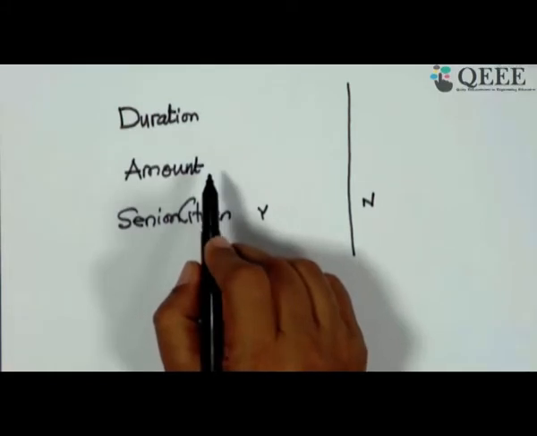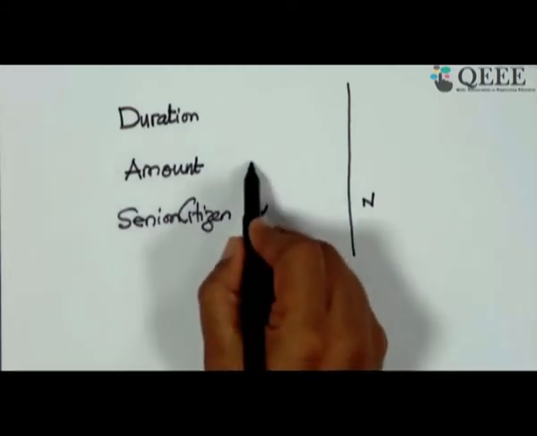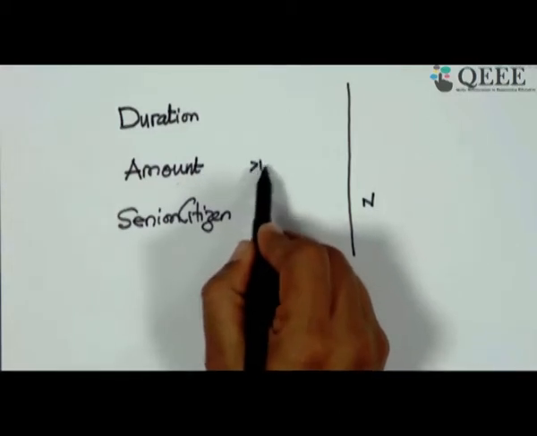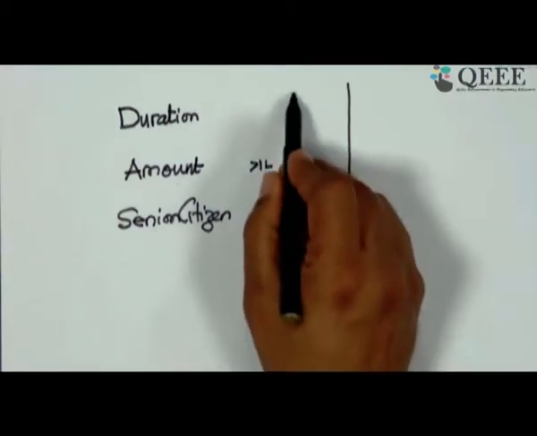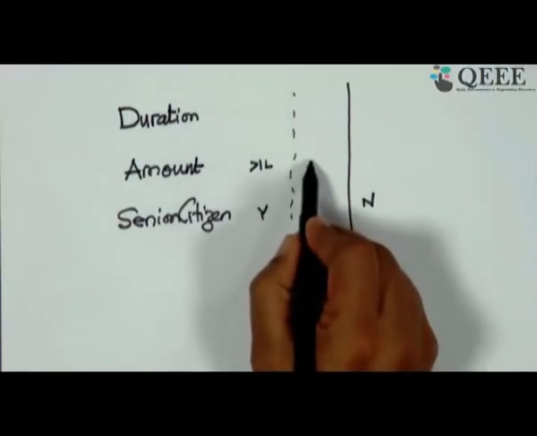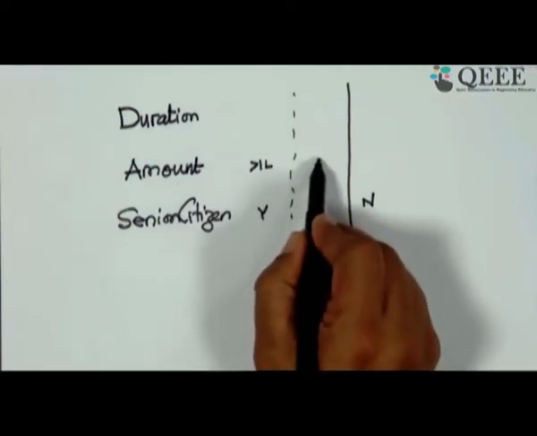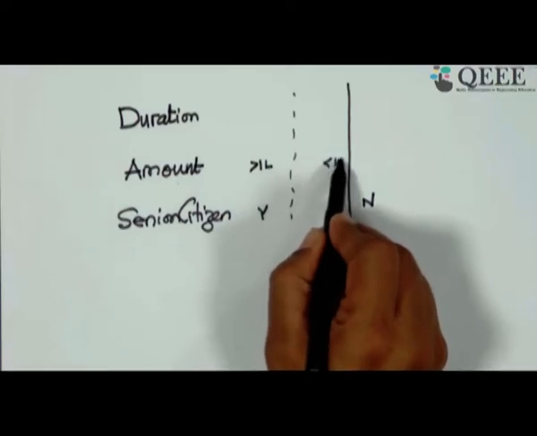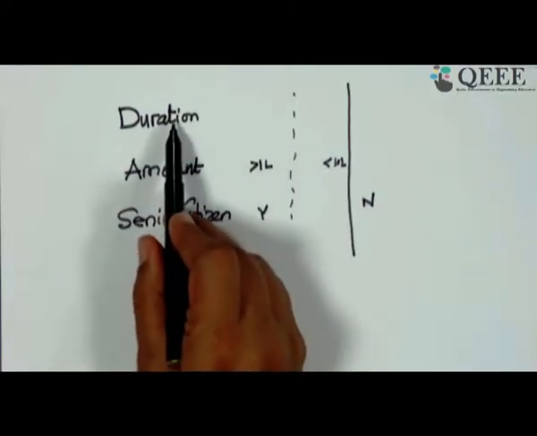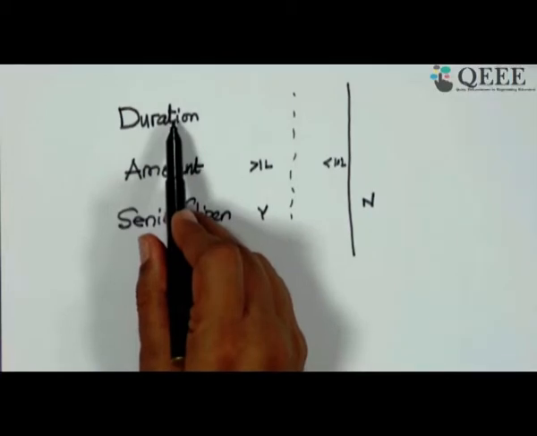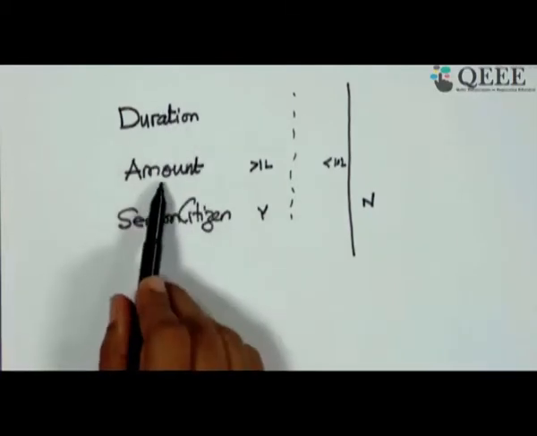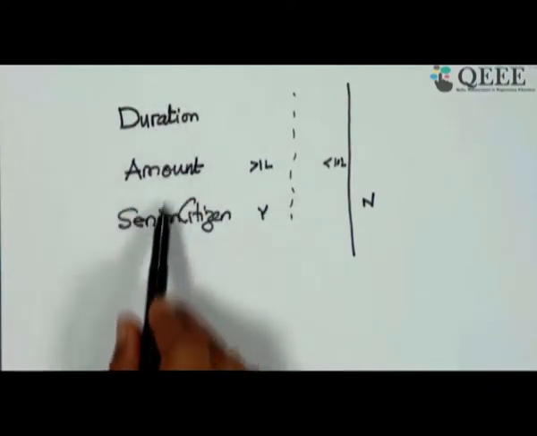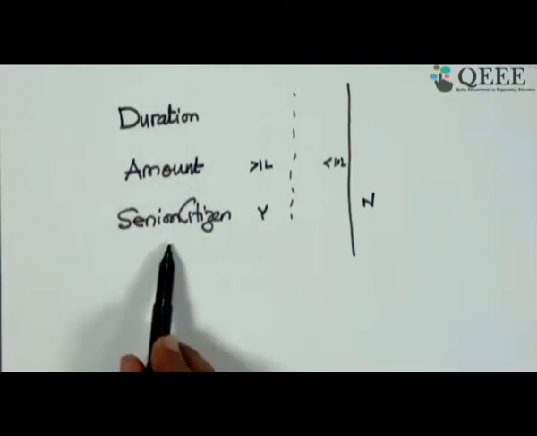And the amount can be greater than 1 lakh, so all these will become greater than 1 lakh, and this will be between 1 lakh and 10 lakh. You can also form the conditions as whether the amount is 1 lakh, whether the amount is less than 10 lakh, etc. That's another way you can form the decision table, but they are equivalent.